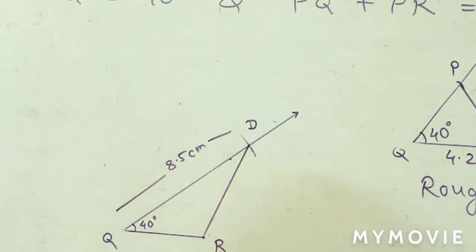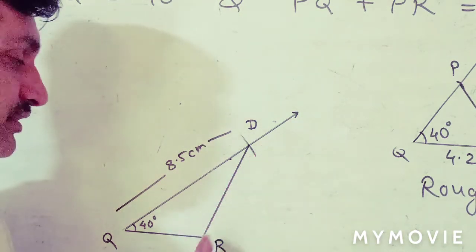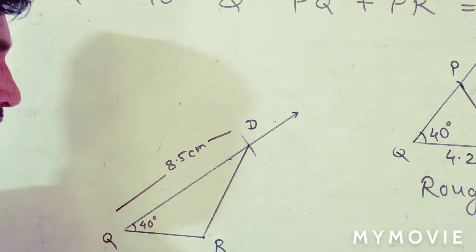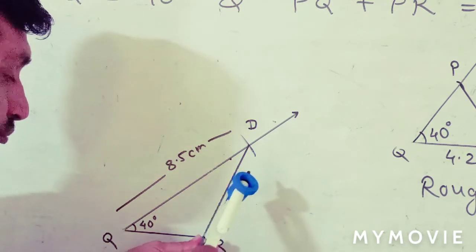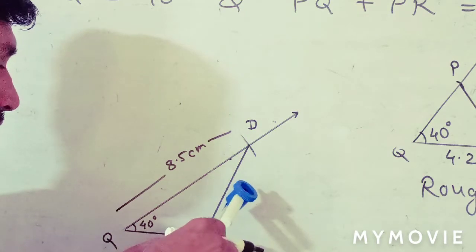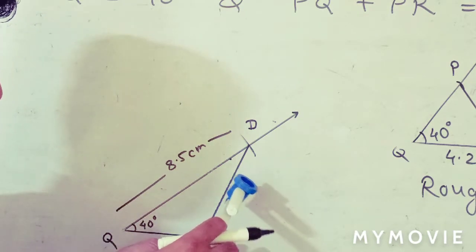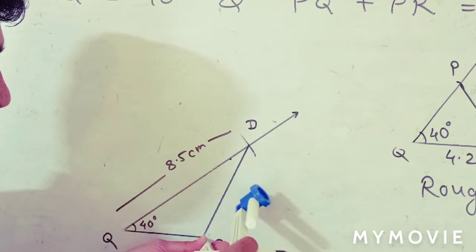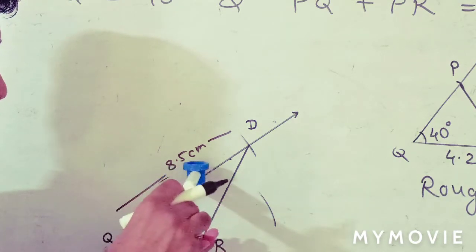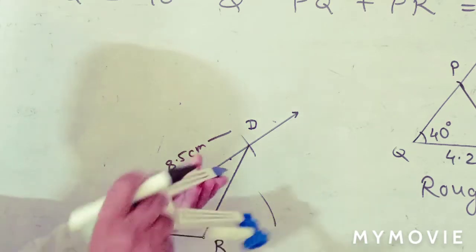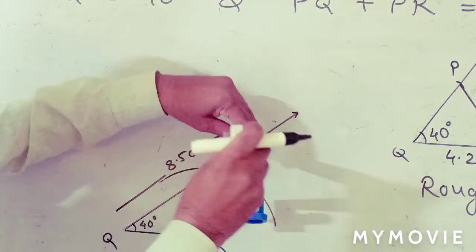After that, the most important step is to draw the perpendicular bisector of DR. We have to draw the perpendicular bisector of segment DR. First, by taking more than half the distance, from R draw an arc on the right and one on the left. Then with the same distance put the compass at D and let them intersect.